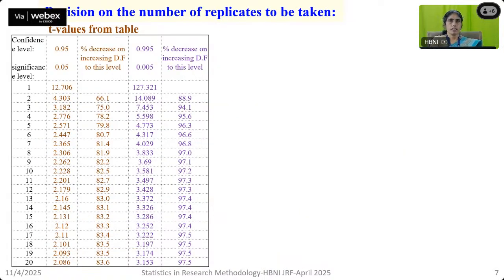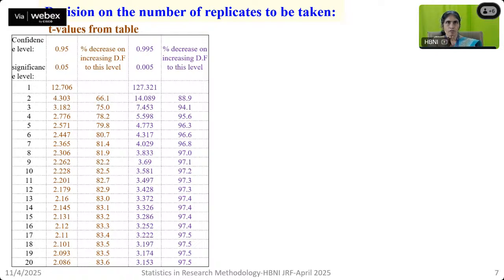As discussed in the previous lecture, we had planned to find out how many replicate measurements should be taken so that you get reliable data from a set of experimental variables. Here, this is a part of the table taken from the reported T values. I have compiled it just for your understanding.